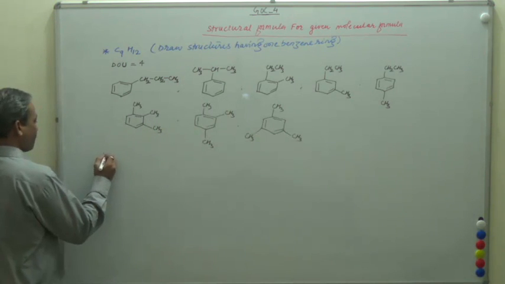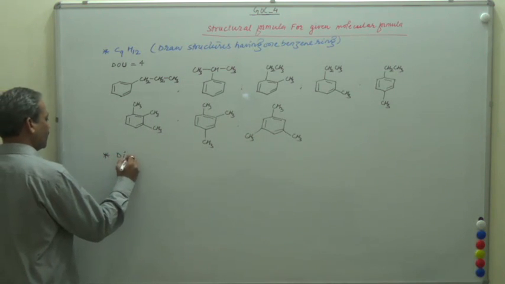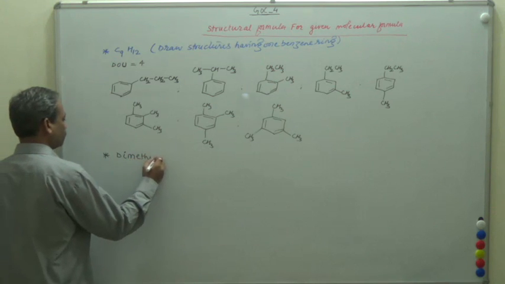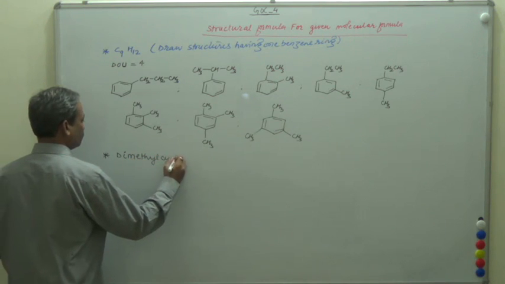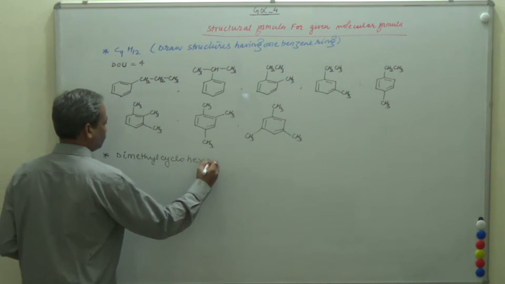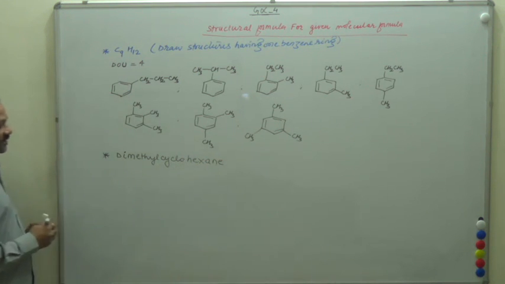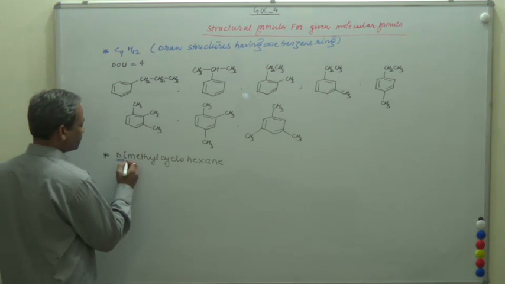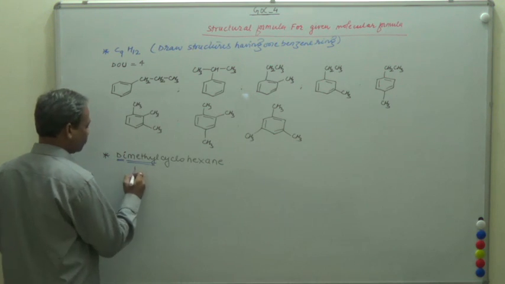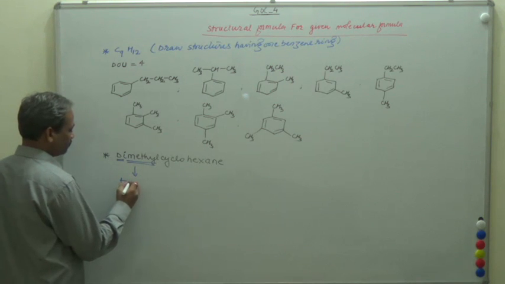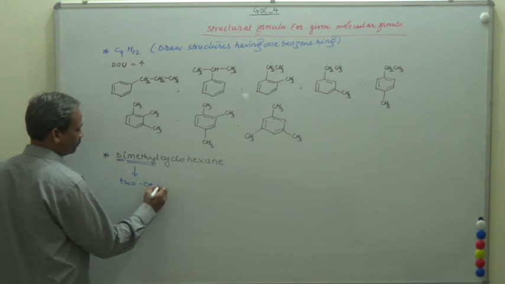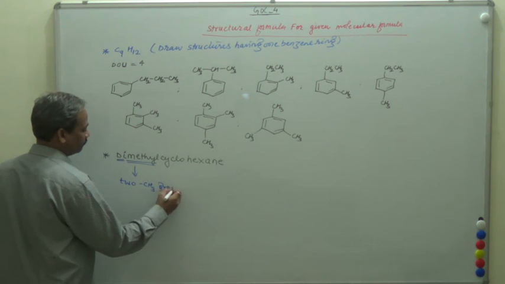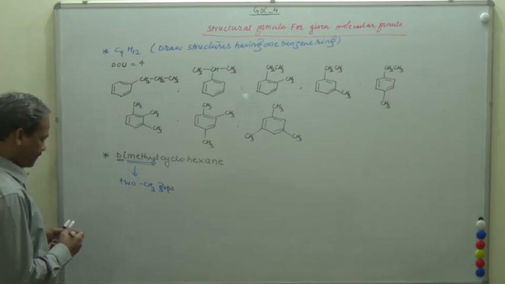For example, we have dimethyl cyclohexane. Dimethyl cyclohexane means, dimethyl means there are 2 CH3 groups, or 2 CH3 side chains.